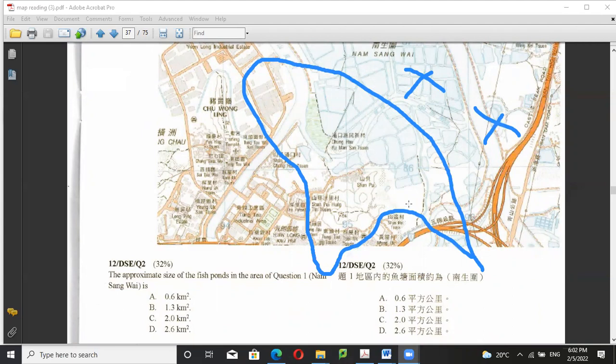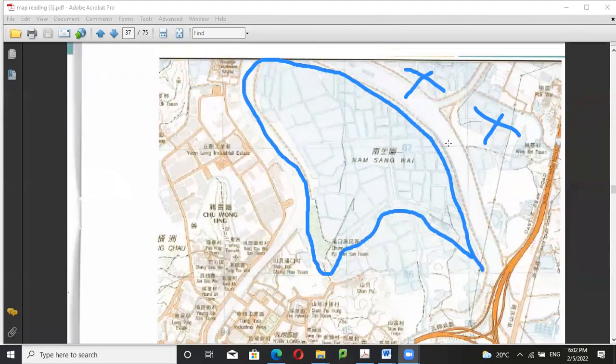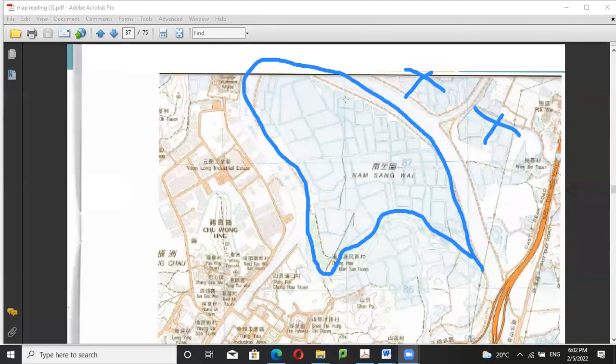Indeed, we can calculate by the grid square method. I'm just referring to the marking scheme, the suggested answer. Just be careful: if we are just talking about Lam Sang Way, don't include this. Many students that year made this mistake, including these two. Bear in mind, these two are not included.